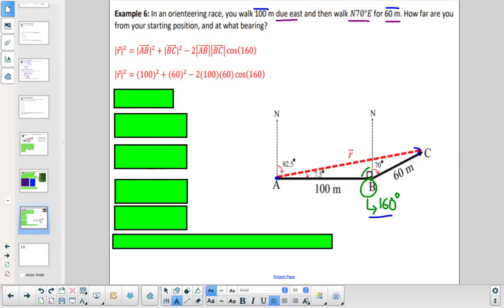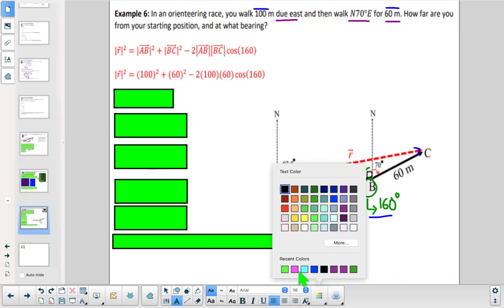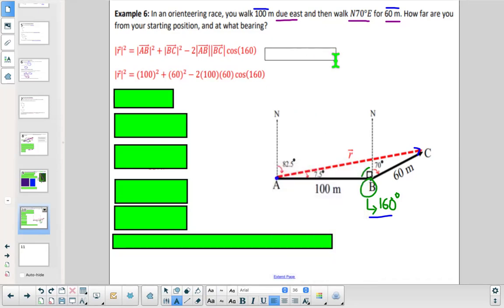I'm going to go ahead and write that down too, so you don't forget that that is the contained angle.